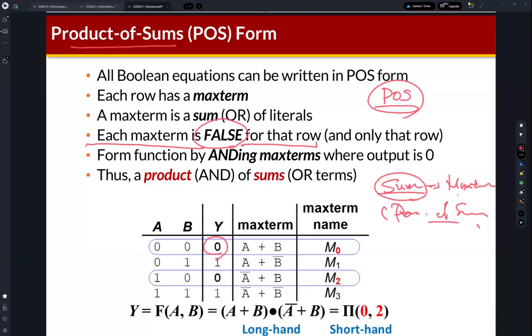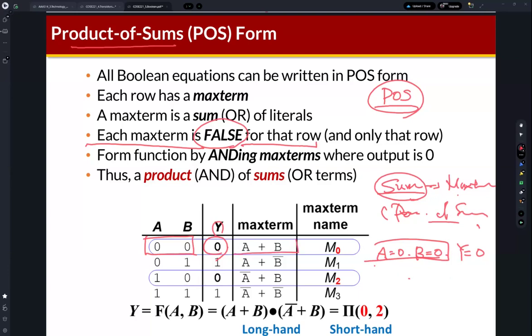So for this A, B, it means that if A equals 0 and B equals 0, then Y becomes 0, right? How about the other values, like A equal 1 or B equal 0? Then Y will be 1, right?